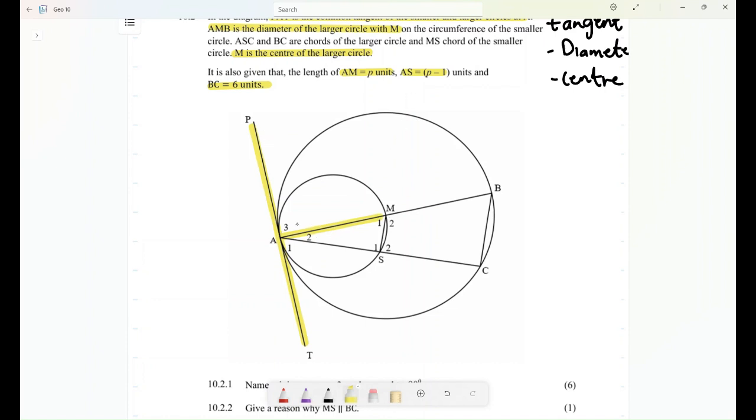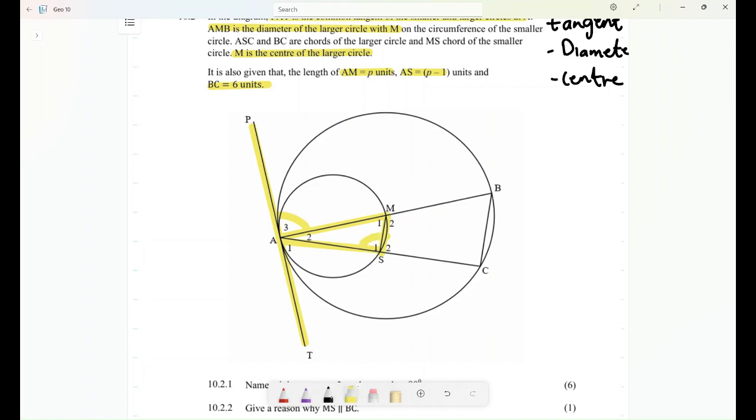The tangent and the chord AM, the angle subtended between that tangent and this chord will equal the angle subtended by the same chord. Which chord? Chord AM subtends an angle at S1. So the first property that you can see is this one.